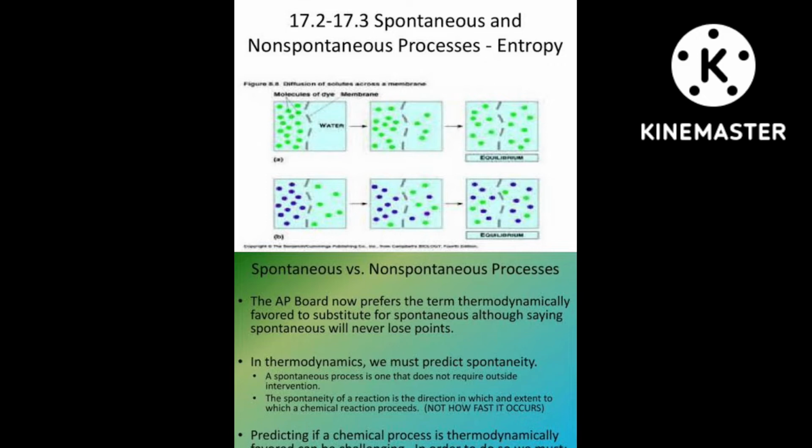In fact, all naturally occurring processes, whether chemical or physical, will tend to proceed spontaneously in one direction only. For example, a gas expanding to fill the available volume.